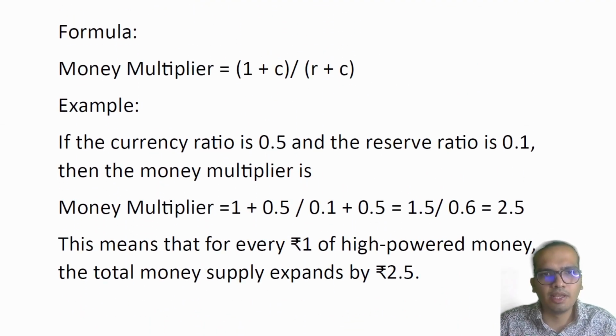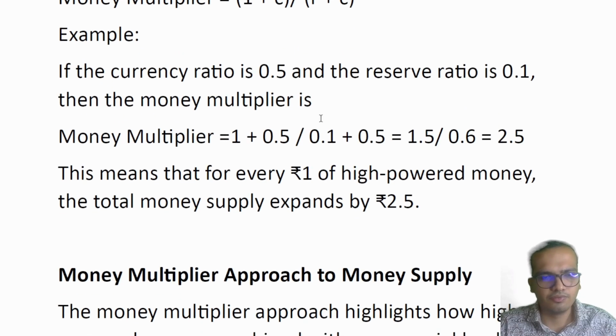Example, money multiplier equals (1 + C) divided by (R + C) in the denominator. So if the currency ratio is 0.5 as we calculated earlier and the reserve ratio is 0.1, then the money multiplier is 1.5 divided by 0.6, that is 2.5.